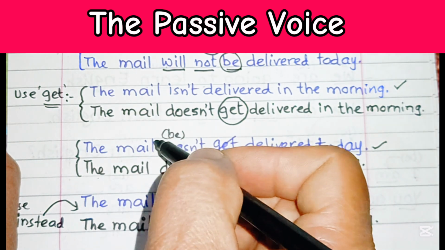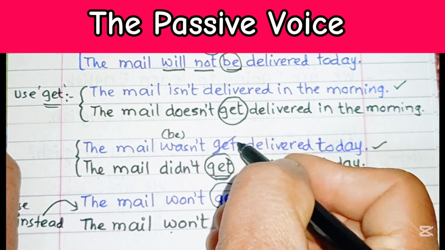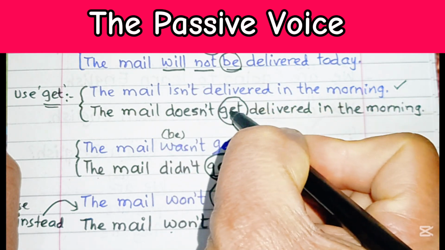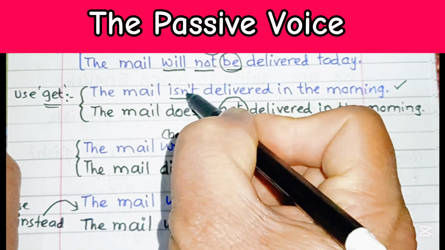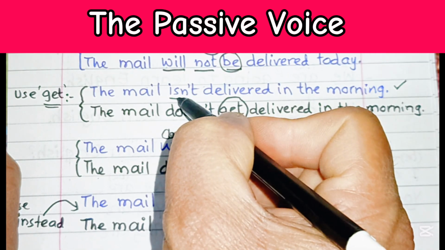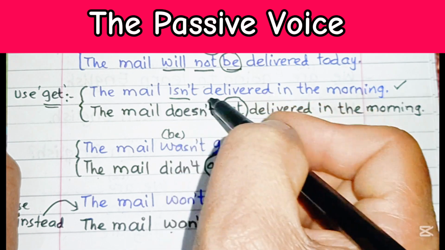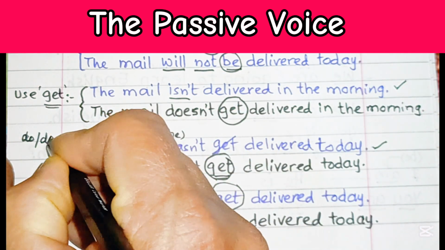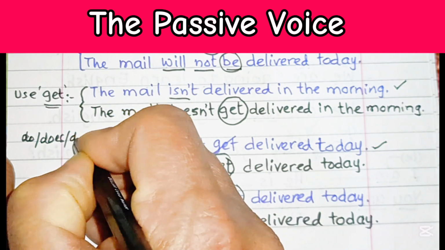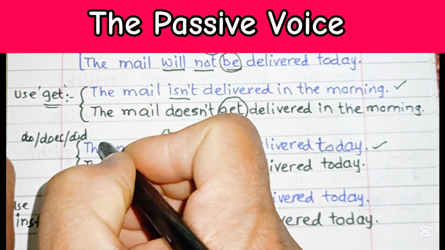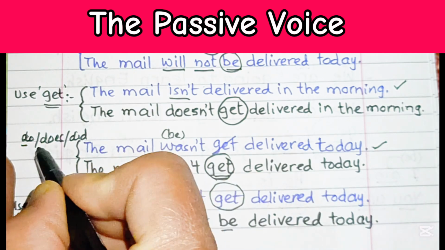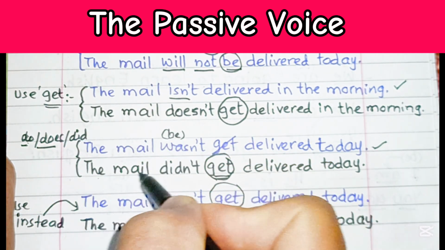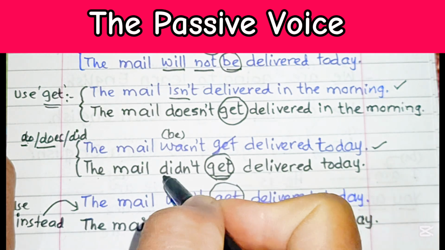Remember, if we are using the verb get in place of the verb be, you will have to use do or does or did to make the negative. For present, we have to use do or does, and for past situations, the mail didn't get delivered today, so did is there.